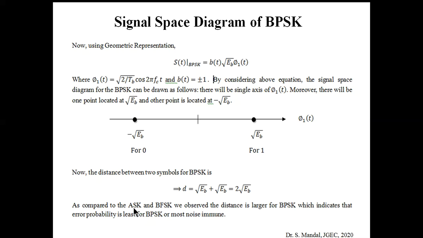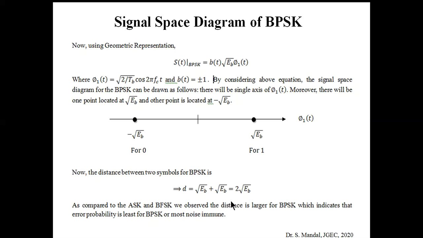Whereas if you remember, the distance between two symbols for ASK is root Eb, and the distance between two symbols for BFSK is root 2Eb. Whereas in case of BPSK, it is 2 into root Eb.